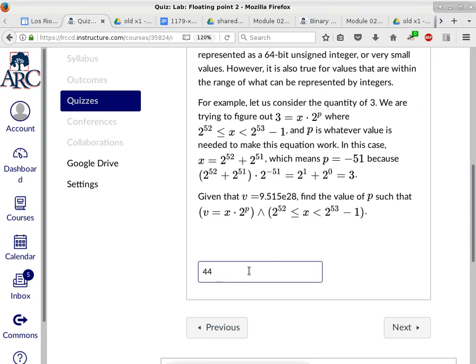Everything below that is lost. There's no precision below that. Which is kind of profound, because if you try to add any value less than 2 to the power of 44 to this particular number, it disappears. And 2 to the power of 44 is not a very small number either.